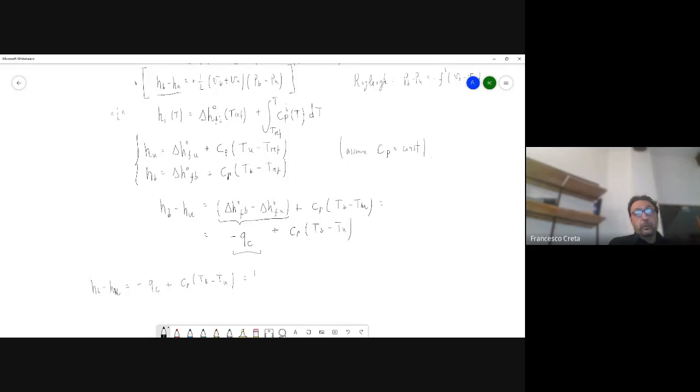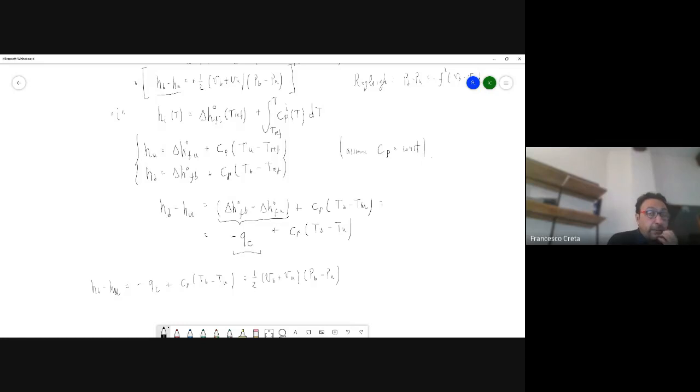So it's equal to 1/2 Vb plus Vu and Pb minus Pu. So that's the general expression for the Hugoniot curve.